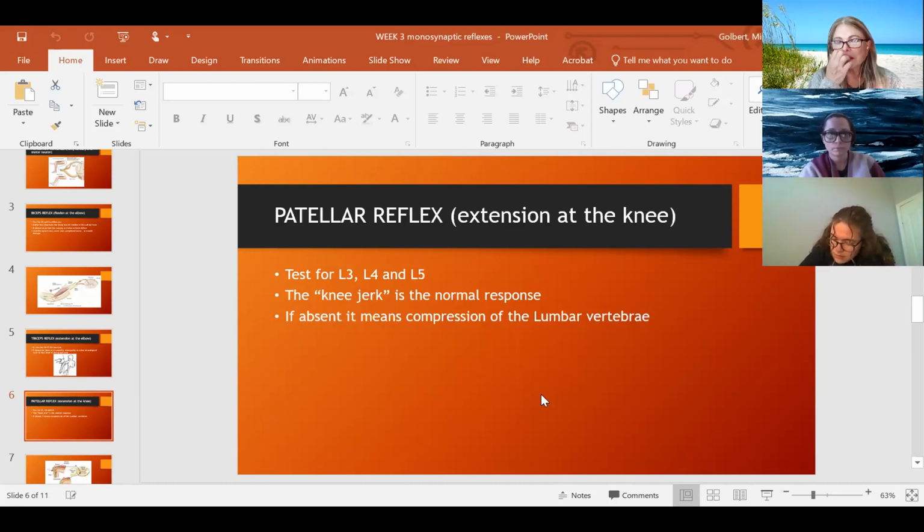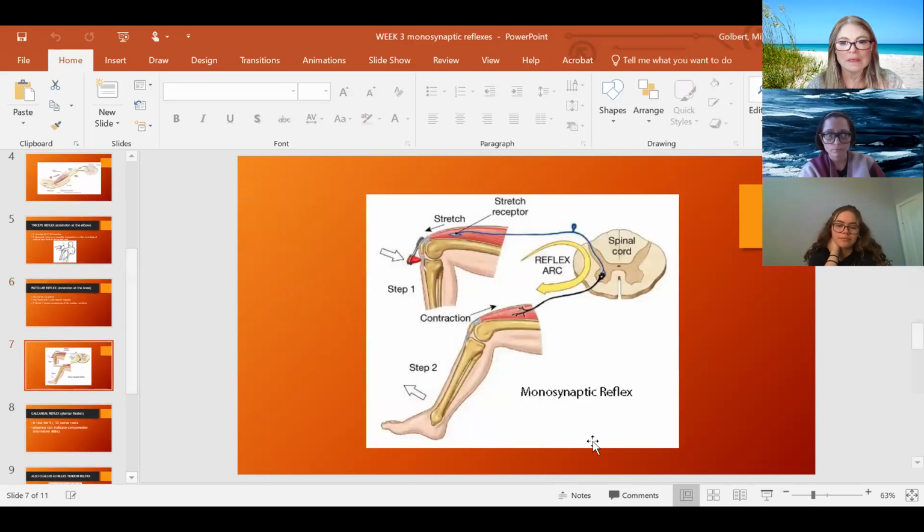So having a negative patellar reflex will tell the doctor that there might be some compression. And by compression, they mean compression of the nerves, right? That are coming out of that area or region of the lumbar vertebral column. And if there's compression of the vertebrae, it means that it's pressing on the nerve and the reflex cannot be completed. So that's the typical monosynaptic reflex, with the patellar reflex here.